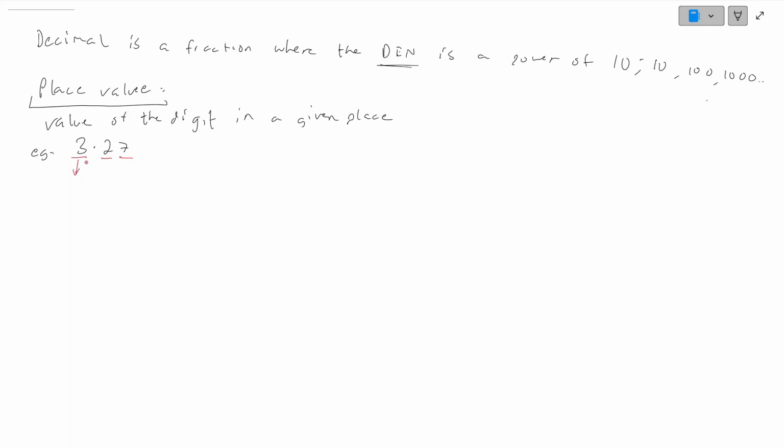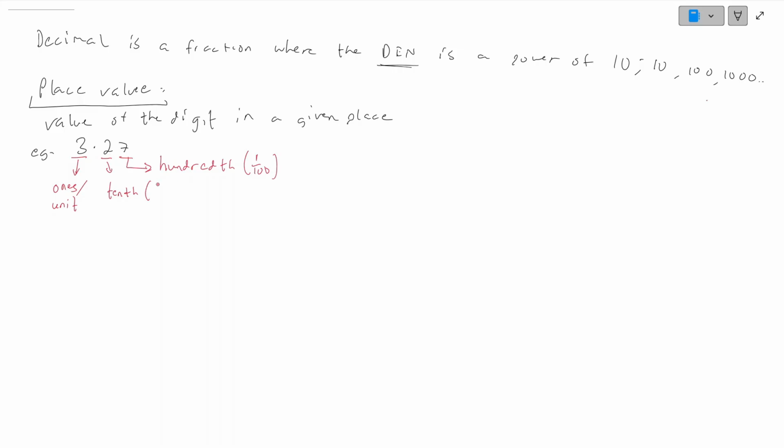So the place right before the decimal point is known as the ones place or the unit place. The one right after the decimal point is known as the tenth place, and the one 2 spots after the decimal point is known as the hundredth place. The hundredth is just 1 over 100.